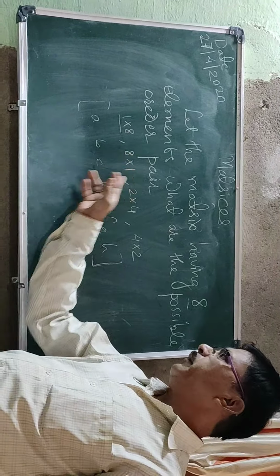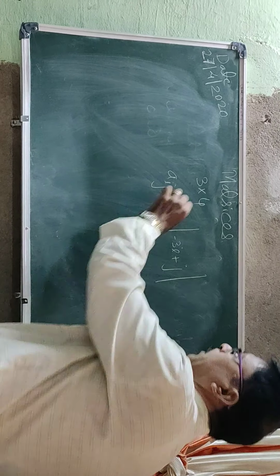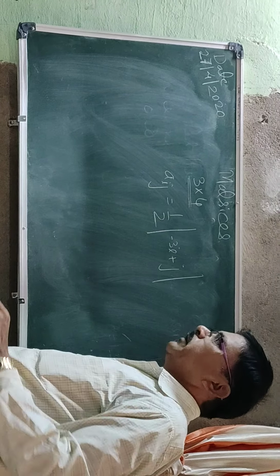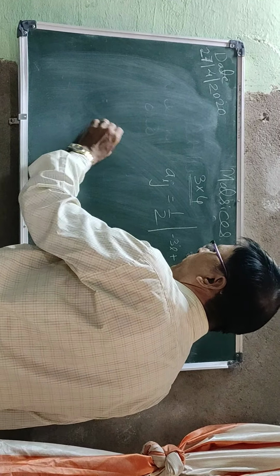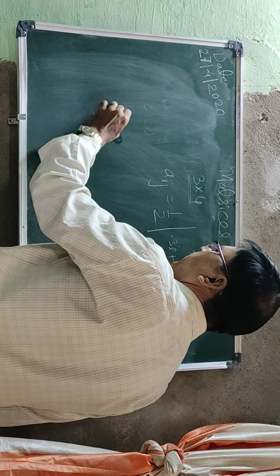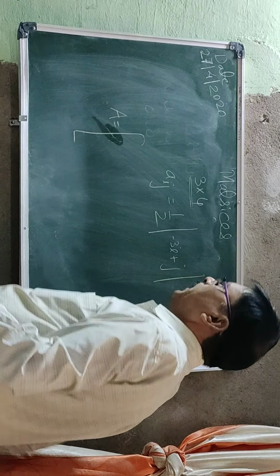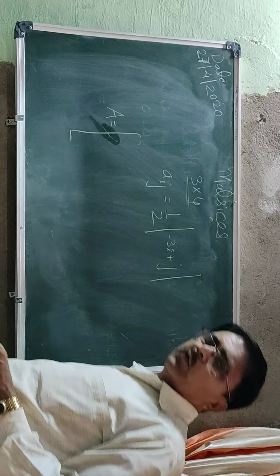So we have to write a matrix having order 3 by 4. So we have to write the matrix A like this: matrix A having 3 rows and 4 columns.